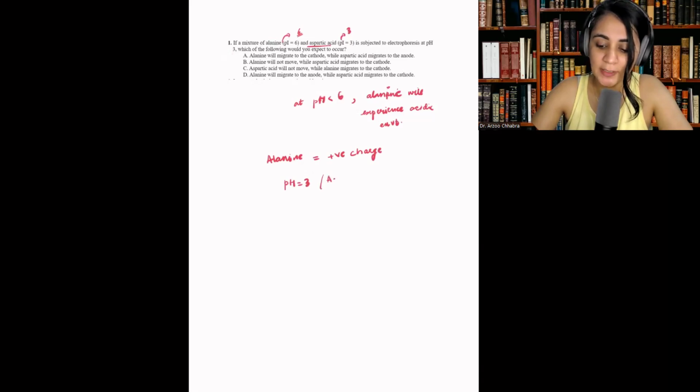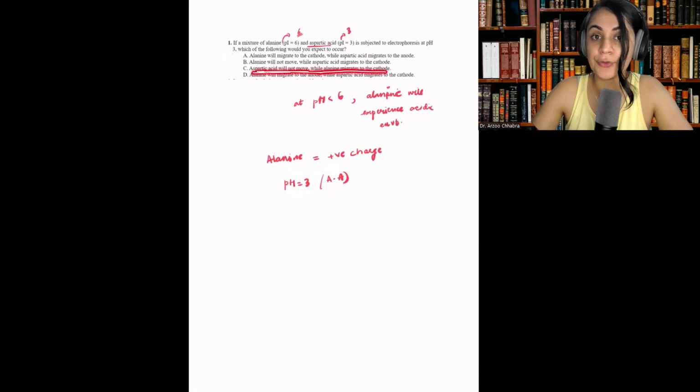So then we can really say that aspartic acid will actually not move in an electrophoresis experiment, because it is in its Zwitterion state. When it is a neutral species, it's not going to move, so aspartic acid will not move, while alanine migrates to the cathode.